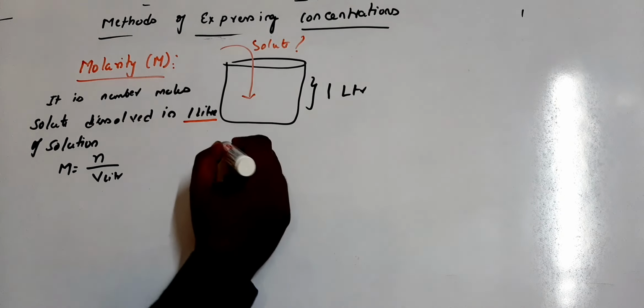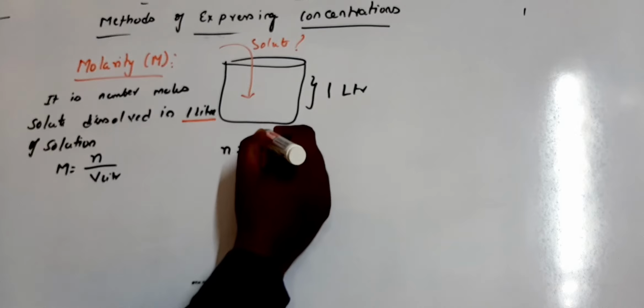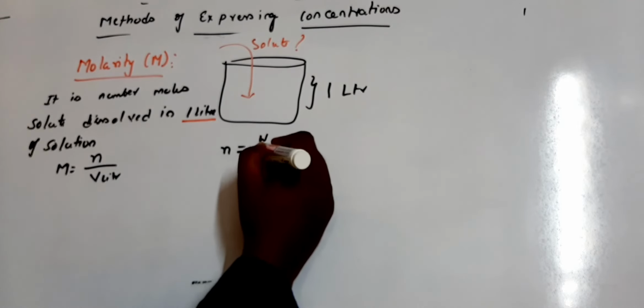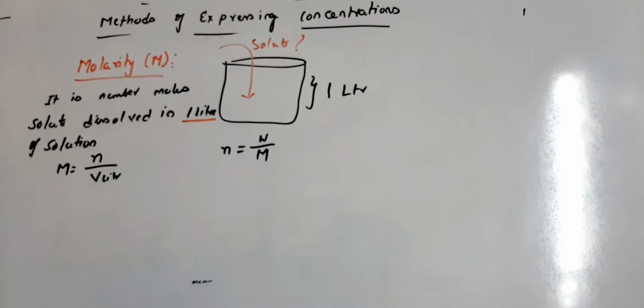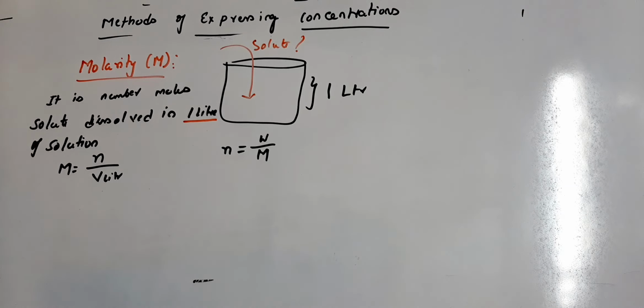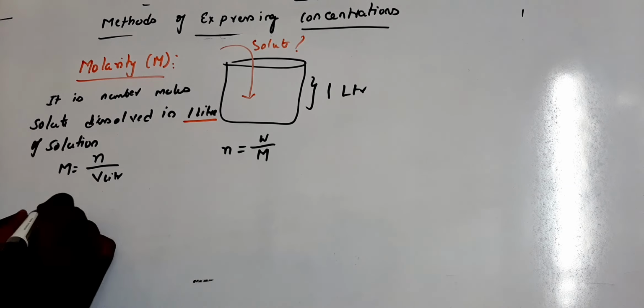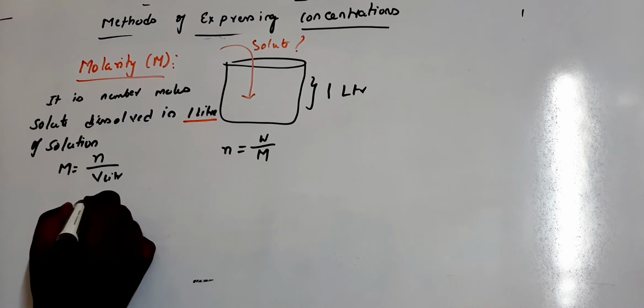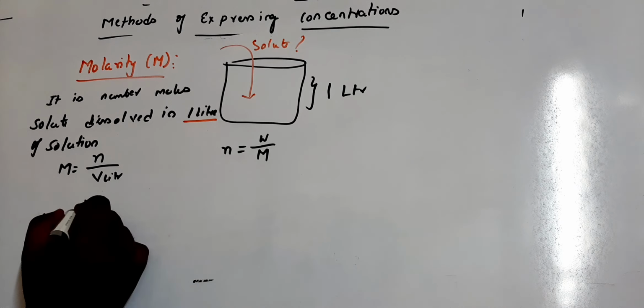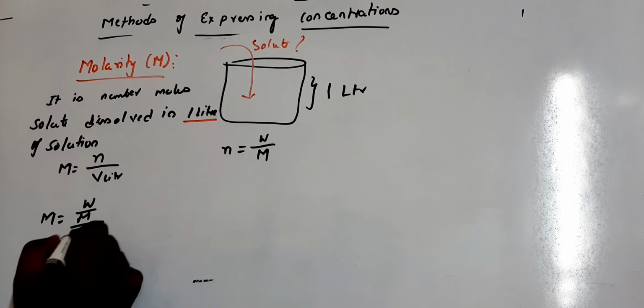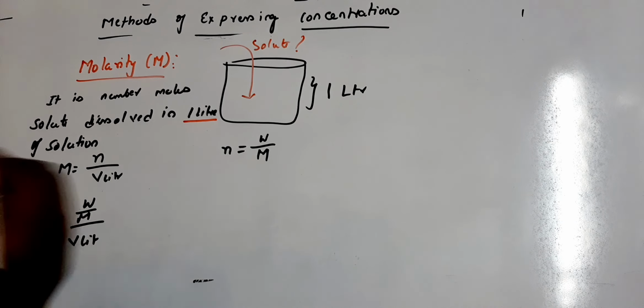We know that n is equal to weight by molecular weight. That means M is equal to W by M by V in liters. Simply I am using gram molecular weight, GMW.